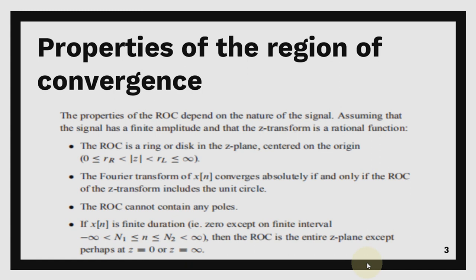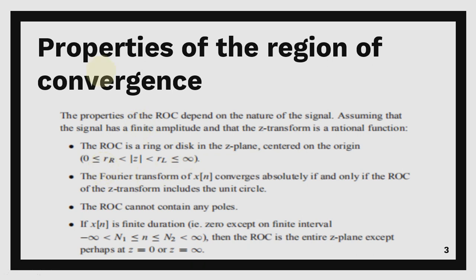The first property is that the ROC is a ring or disk in the Z plane centered at the origin, that is, R left is greater than or equal to 0 but less than mod of Z, and mod of Z is less than R right, which is less than or equal to infinity. So this is the first property. The region of convergence should lie between 0 and infinity.